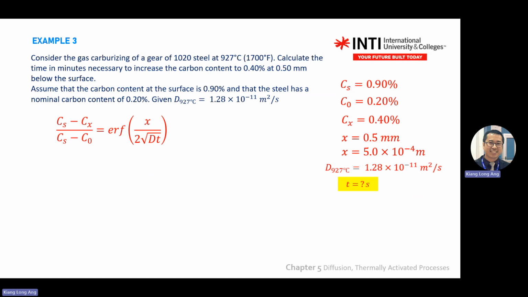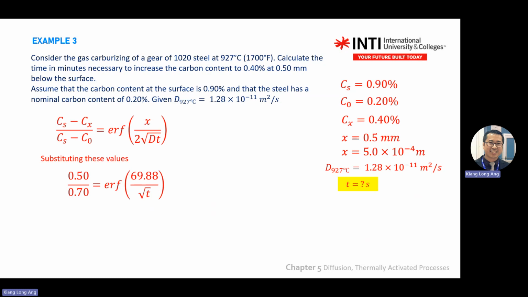We have CS, CX, C0, so you calculate the left-hand side first. Substitute, and you know your left-hand side value. It is ERF Z, so don't confuse it with the value here. This whole thing is ERF Z. This one is Z. This side is ERF Z.